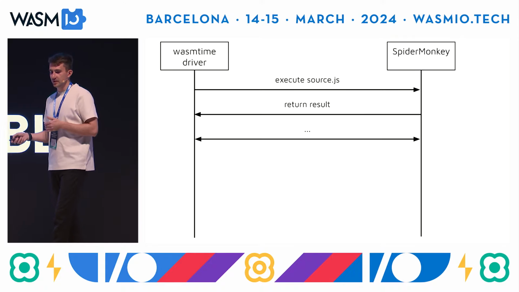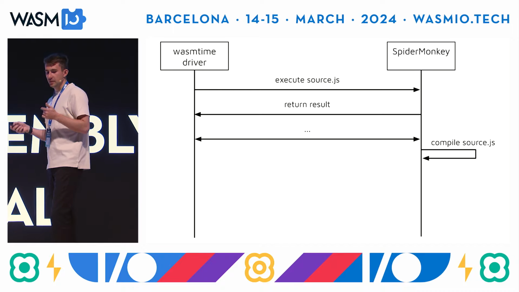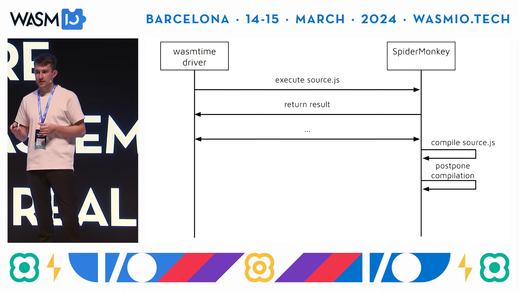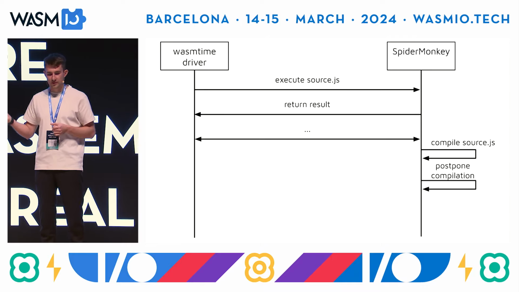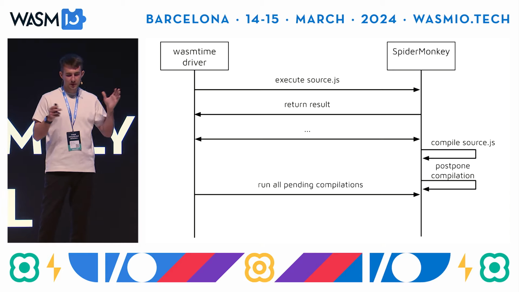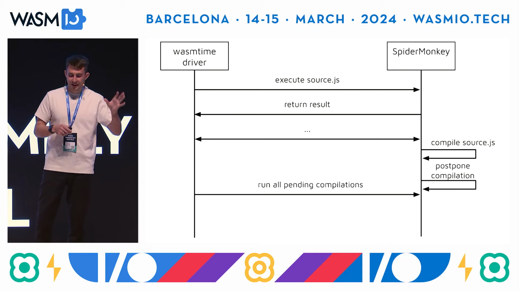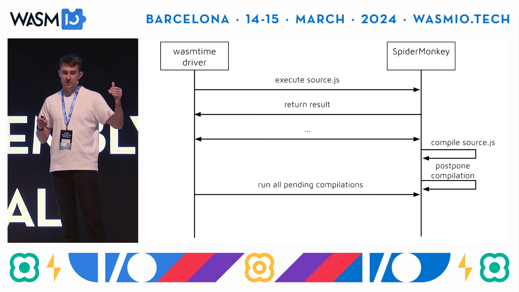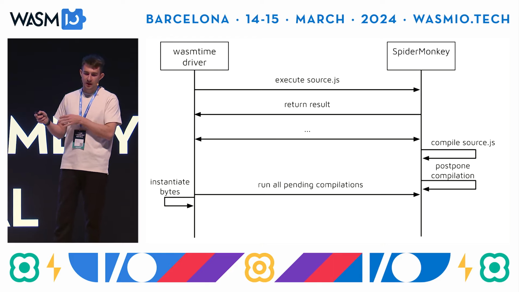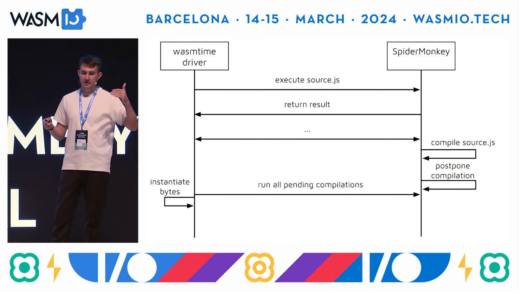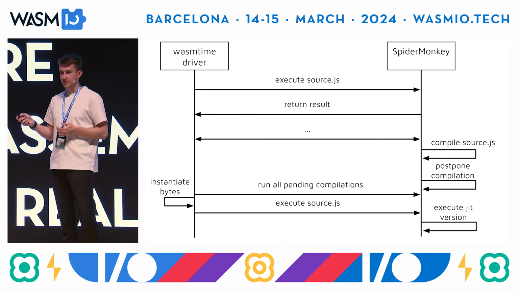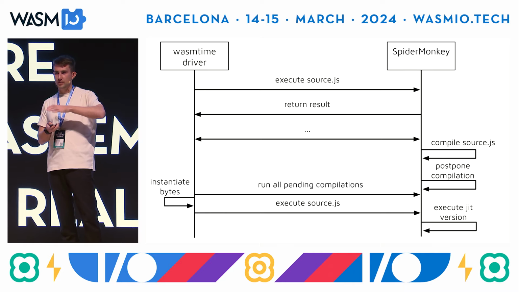You do it many times, and at some point SpiderMonkey decides to compile this source.js, and we postpone this compilation for some time in the future. And then, from our Wasmtime driver, we can run all pending compilations from SpiderMonkey, instantiate all these bytes, and execute source.js with the JIT this time. So we are batching all compilations together.